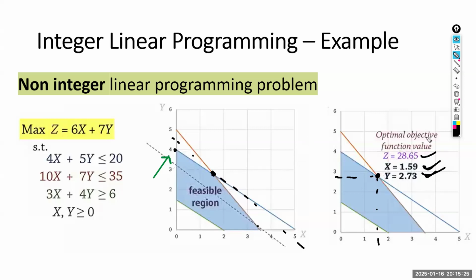But if we add a new constraint saying that these x and y values are only integers, then this problem becomes an integer linear programming question. That means now your x can't be 1.59, x can be 1, 2, 3, 4. Y can be 1, 2, 3, 4. There's nothing called 2.73. So then it's an integer linear programming question.